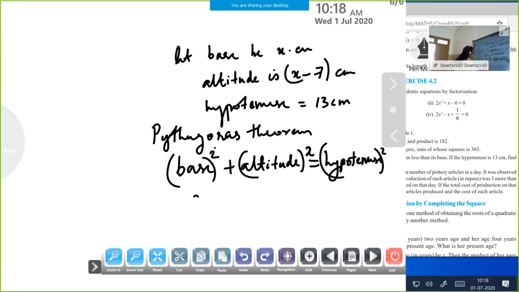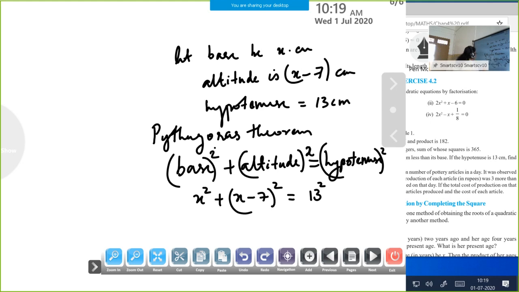That means x square plus x minus 7 the whole square is equal to hypotenuse square, 13 square. x square plus x minus 7 the whole square is equal to 13 square.